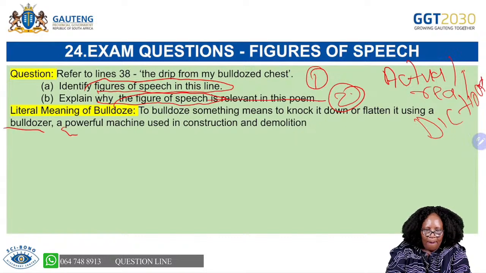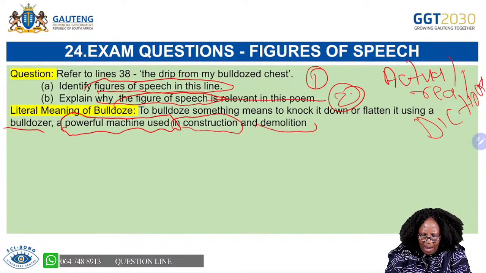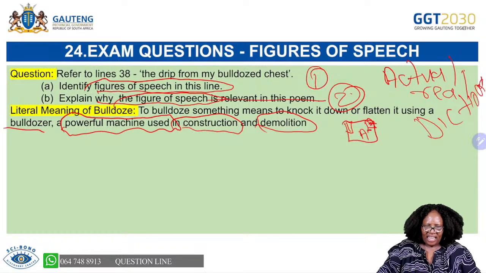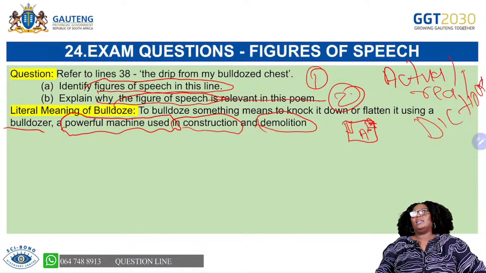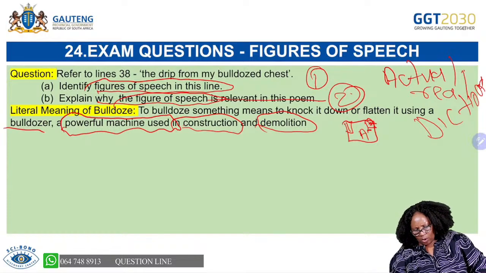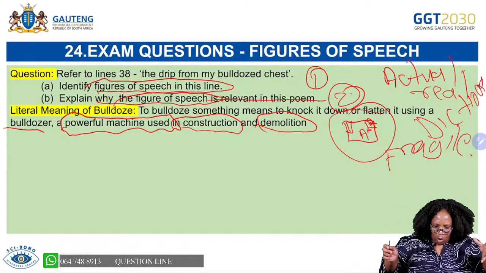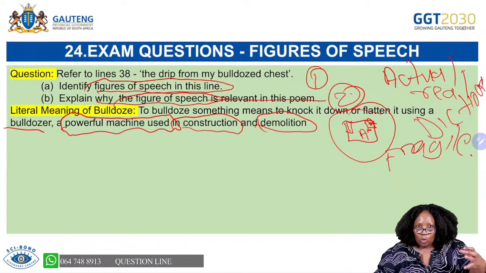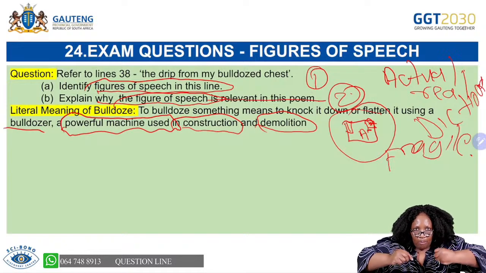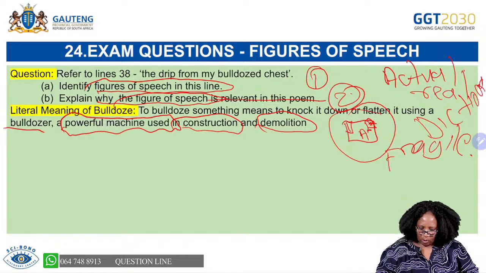Using a bulldozer, a powerful machine used in construction and demolition. Remember the image that I gave of a house? You want to build a new house and we have this smaller house that you want to flatten out, that you want to demolish. And this smaller house would be like that chest, that fragile. And then you come with what? A big machine. And you flatten the construction.